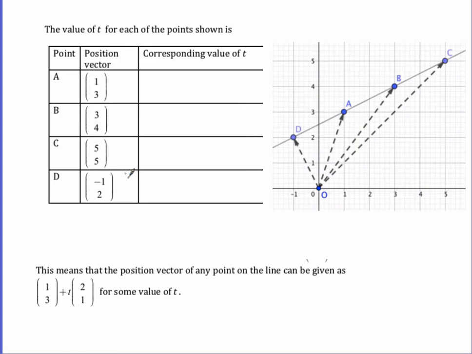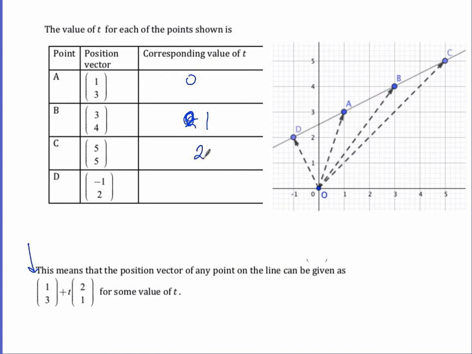If we take a look here, this is the equation down here. If you substitute in different values of t, you generate points on the line. If you plug in t equals 0, you get this point right here. If you plug in t equals 1, you get this point right here.